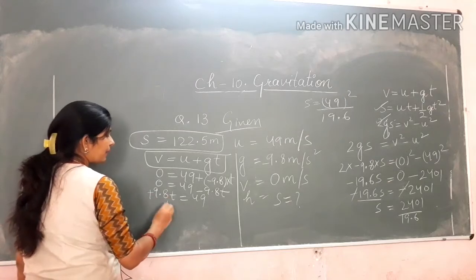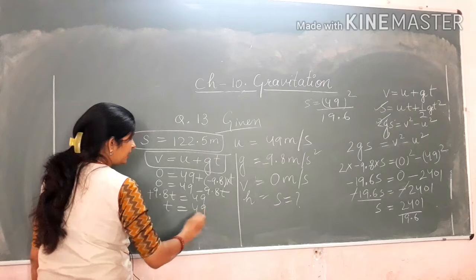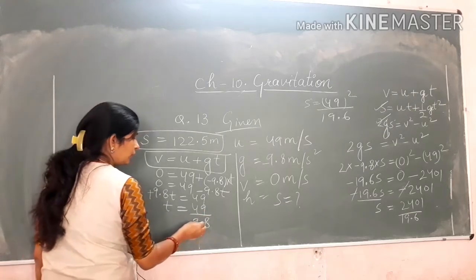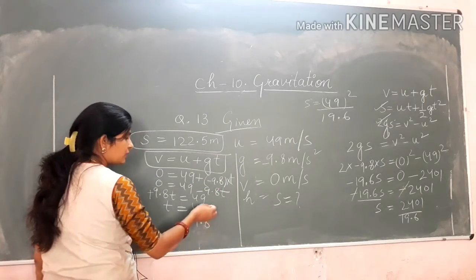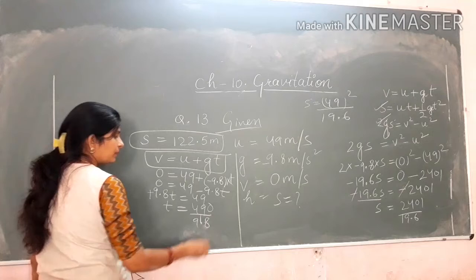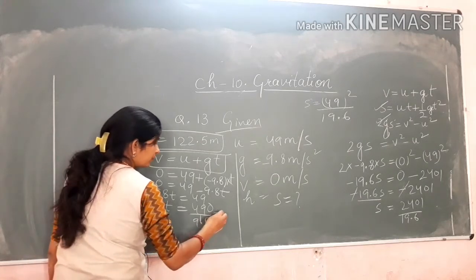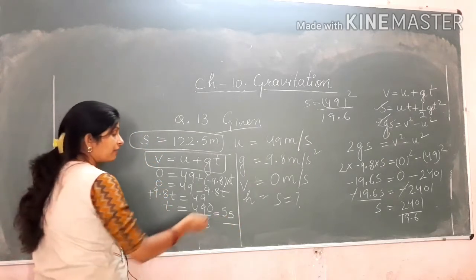9.8 is getting multiplied by t. When it is transferred from left to right, it will divide 49. Remove this decimal sign. After the decimal there is one digit, so add a 0 here. Now divide 490 by 98. You will get 5.